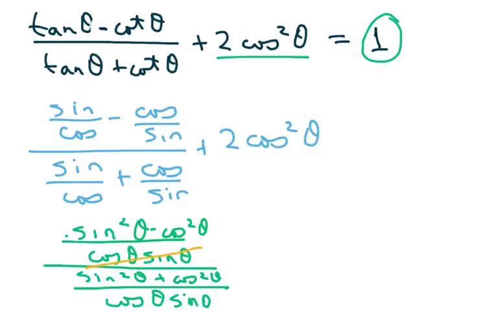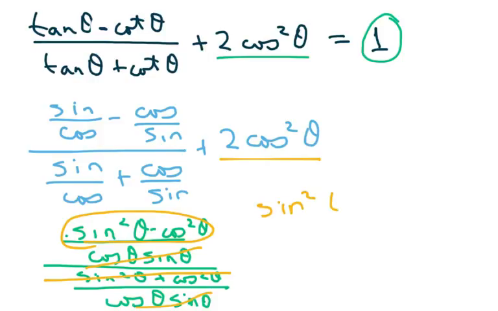Now again, these all cross out. This equals 1. And now we're going to go ahead and add our tag-along guy. I'm going to copy him down just to save room here. So we have sine squared theta minus cosine squared theta plus 2 cosine squared of theta.